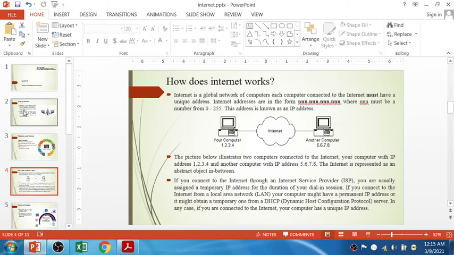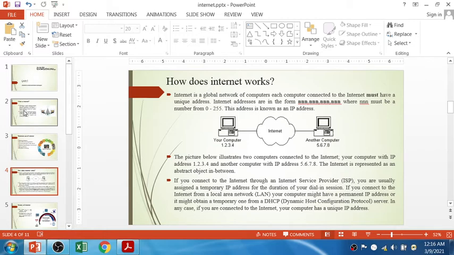If the first computer is your computer, its IP address is 1.2.3.4, so it is like n.n.n.n, right? And the range of these numbers is between 0 to 255. The other computer has IP address 5.6.7.8. The internet is represented as the abstract object in between.